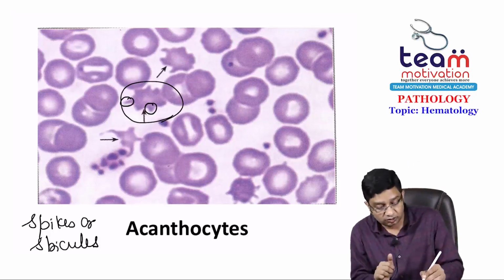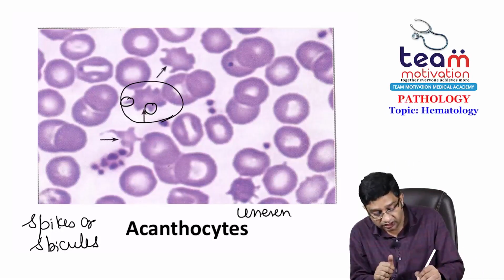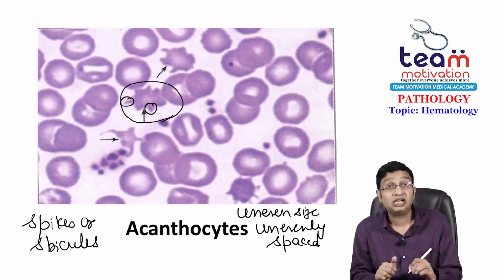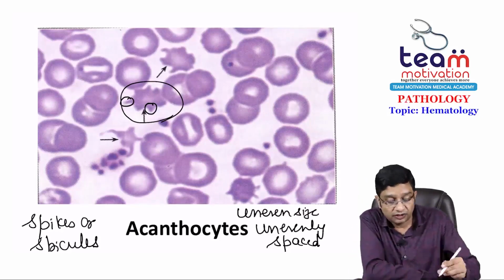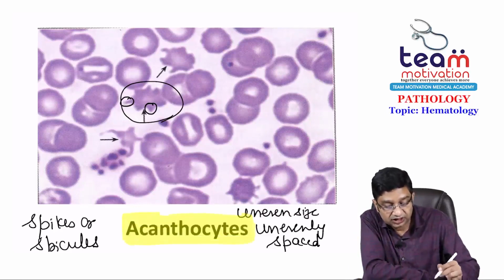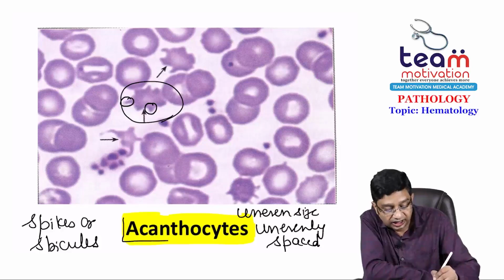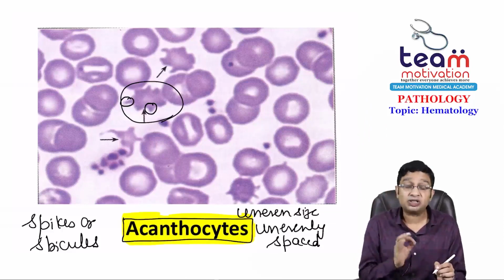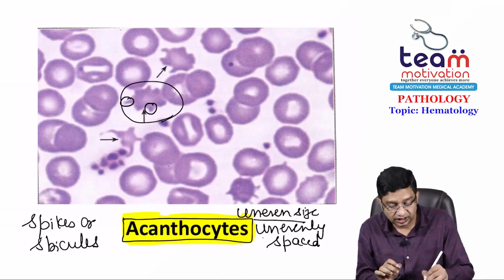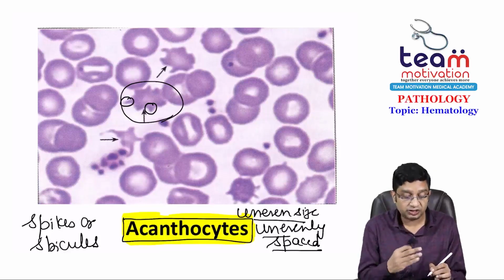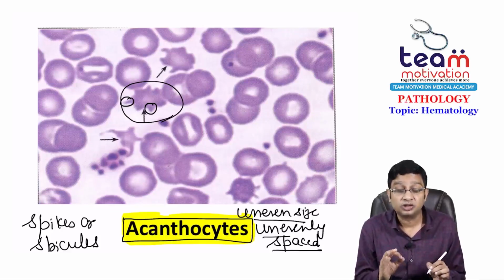Such RBCs, where there are spikes or spicules of uneven size and unevenly spaced, are called acanthocytes. Right? So this is what we call acanthocytes.